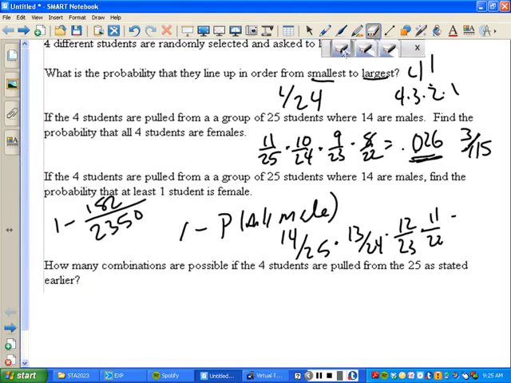It's 2,300 if you do a little bit of reducing there.